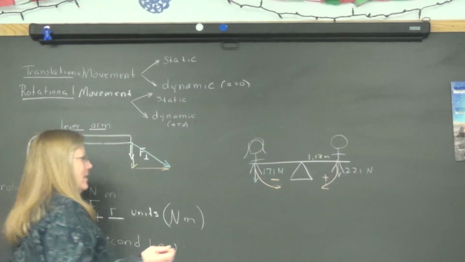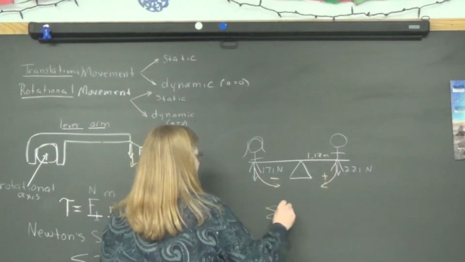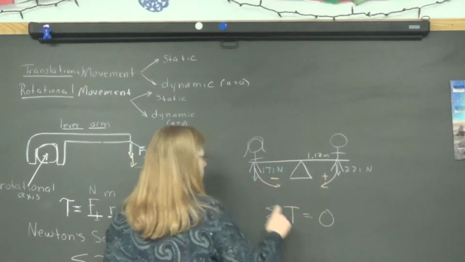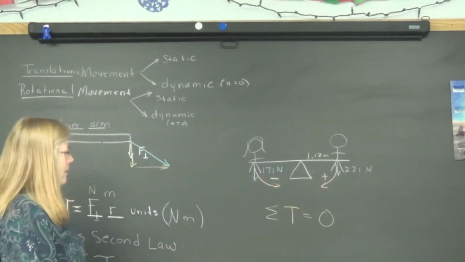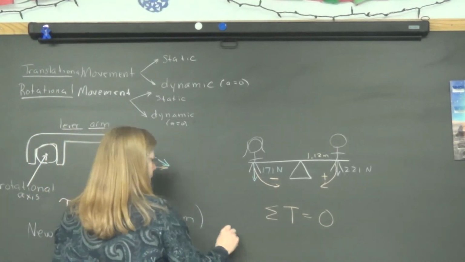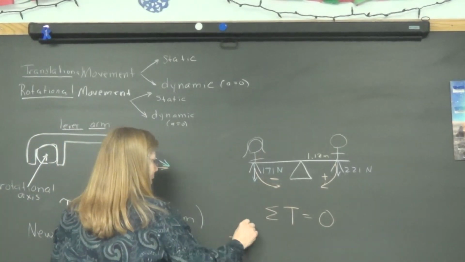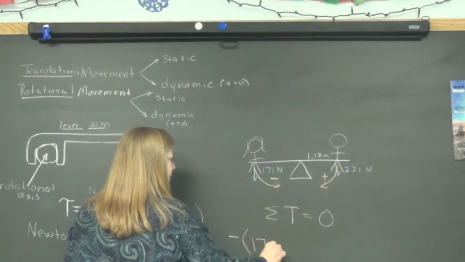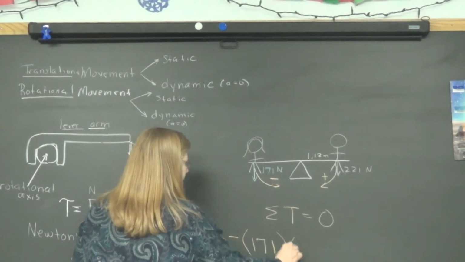So, they're saying that it's balanced, so the sum of the torques equals 0. There's 2 torques. I drew one in orange and the other in orange. So I'll start with the negative one. Torque is going to be force. Remember, weight is a force. Force times distance.